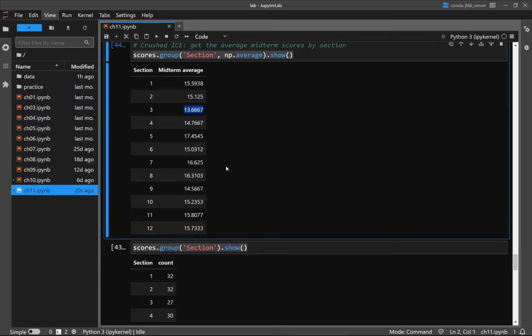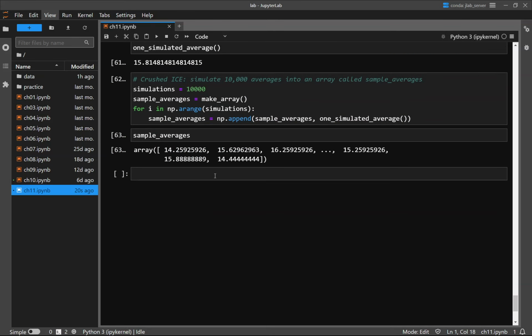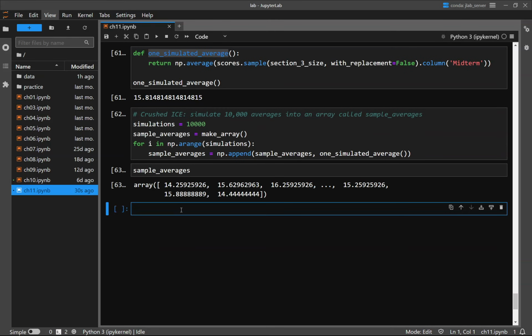So we have this value, this 13.667 in section 3 average. We can deal with that in a second, but let's do a histogram of sample averages. To do that, we better make a table with a column. Turn that array into a table with column random sample average.